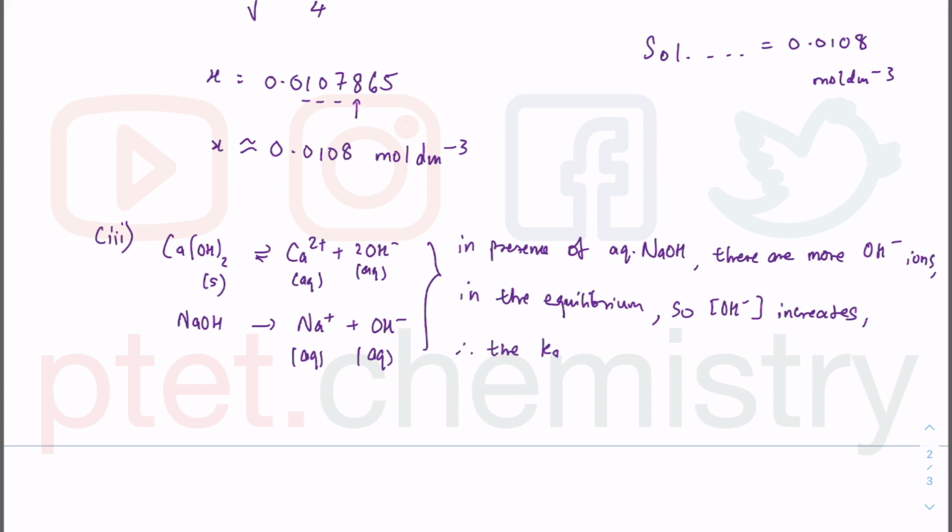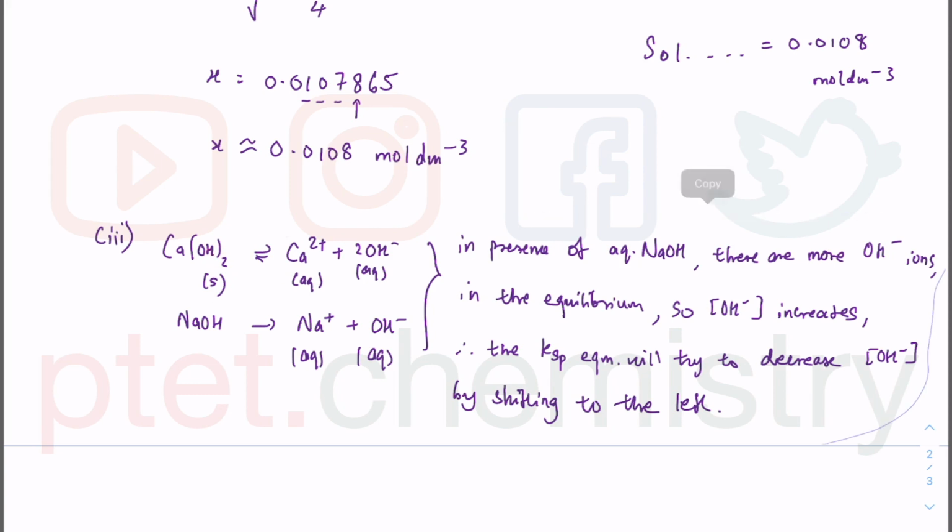Therefore, the Ksp equilibrium will try to decrease the OH⁻ concentration by reacting more OH⁻. So it will shift to the left side. When you shift to the left side, you are making it less soluble. So you will precipitate out the solid, because as you go from left to right, you're making it more soluble. So as you shift to the left, you will get more of the solid. Therefore, more of the calcium hydroxide will precipitate out.